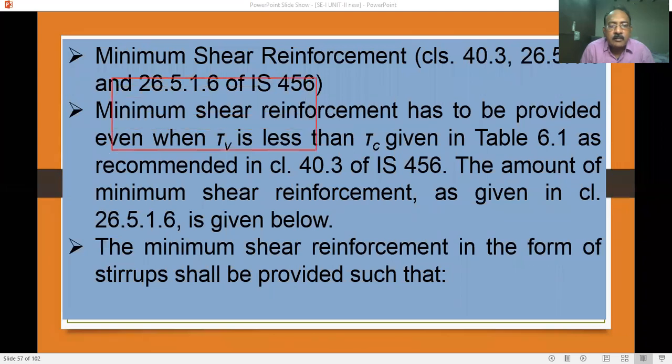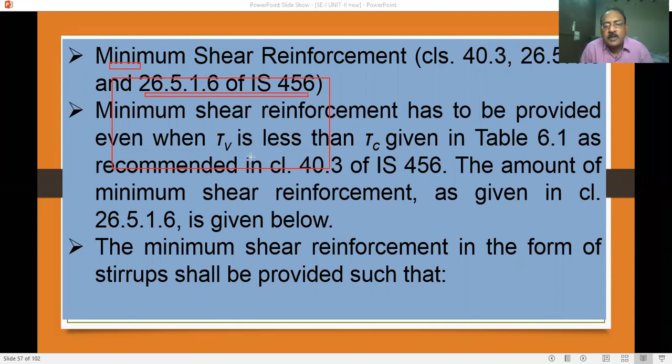If you see minimum shear reinforcement here, and Table 19 and 20.